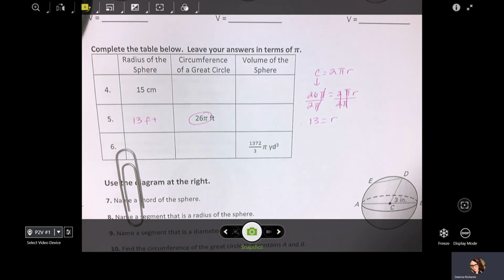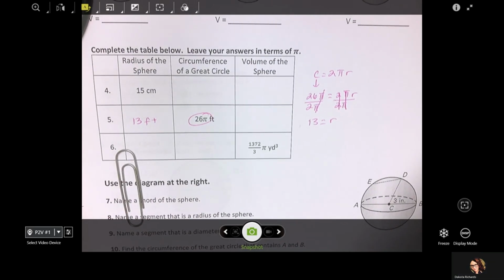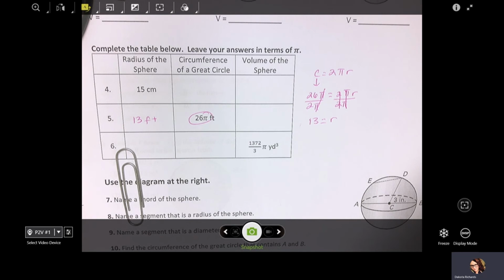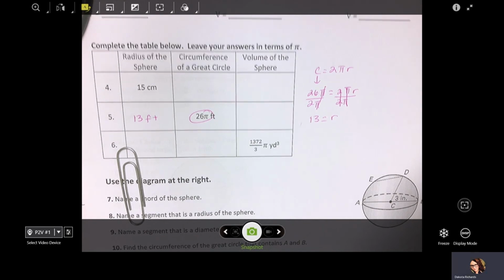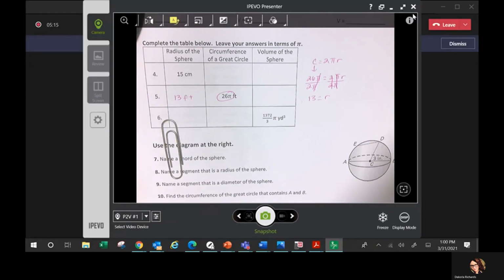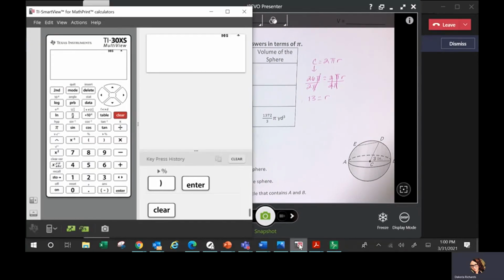So how do you get the volume? You plug in 13 for R in that volume formula, 4/3 pi times 13 to the 3rd power. So 4/3 times pi.